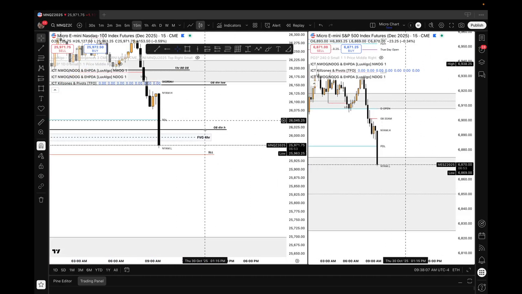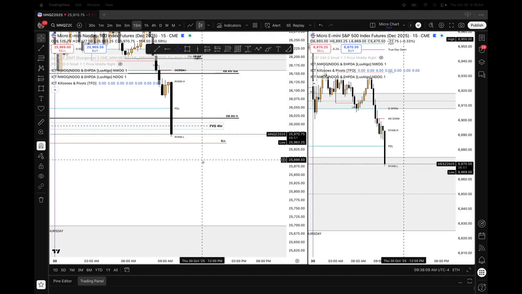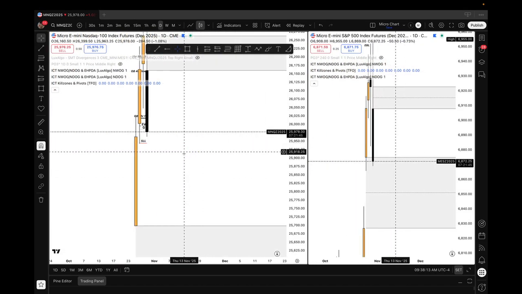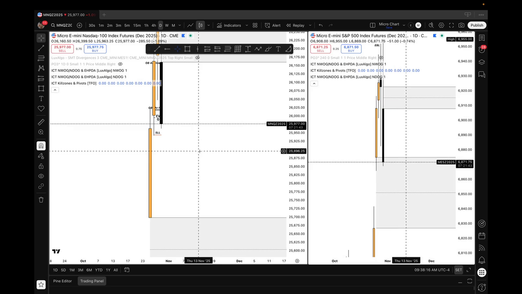Not respecting this block. 10 a.m. could come and something happens, but we're inside this gap as well.